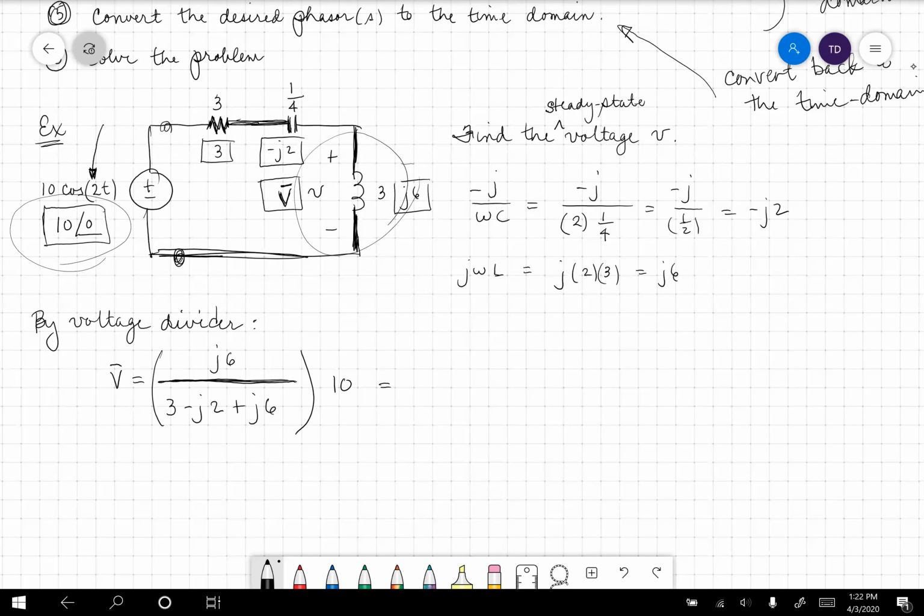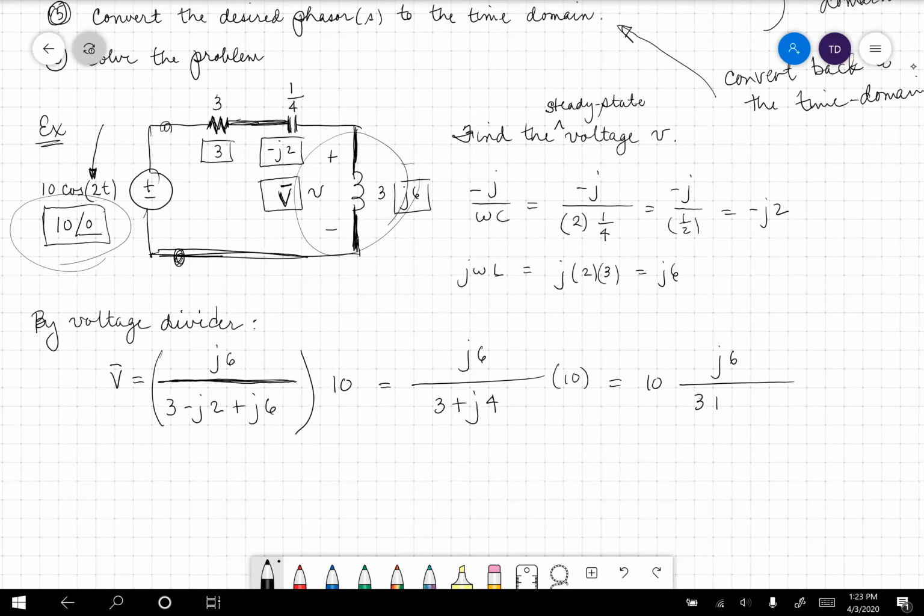So this equals J6 divided by 3 plus J4 times 10. I can take that 10 and throw it in the denominator, but I'm just going to hold it off.